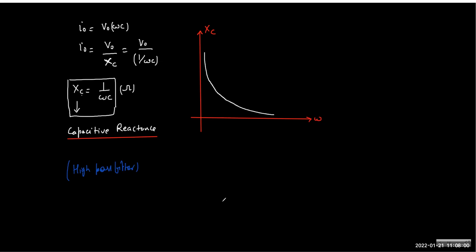So this is the capacitor. The last, okay, I'll complete and then we'll leave. The call from Jashan Just Live.